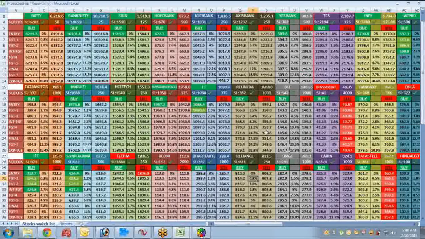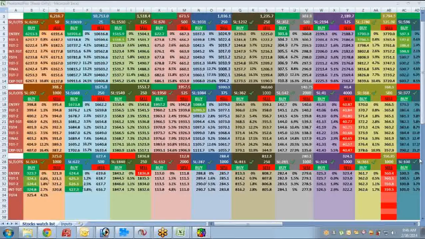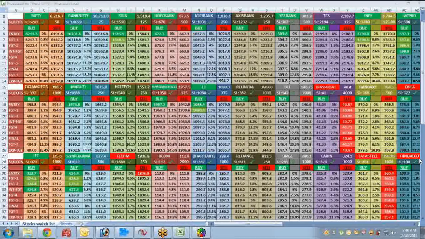So the IT pack is good and the pharma pack is good as of now, along with the global markets. If you want to trade other than these scripts, I don't have an option.